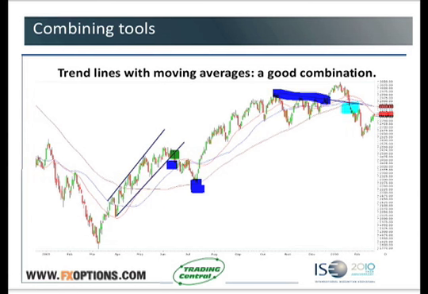So that's why it's very important to have a combination of trend lines with moving averages to avoid false signals, especially on trend lines. Because from my view, we have fewer false signals on moving averages, and we have a lot of false signals on trend lines. But the combination of these two indicators is the best combination to take a position on the market.